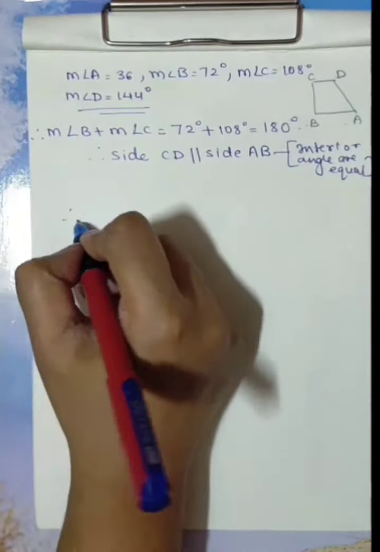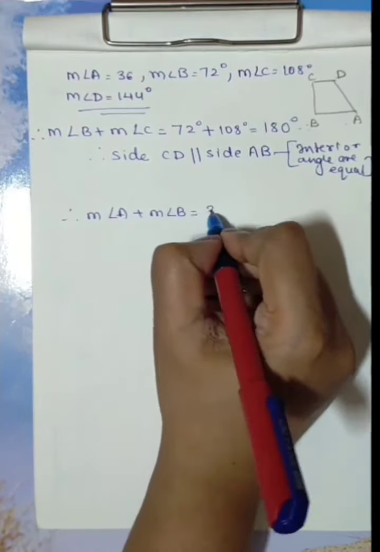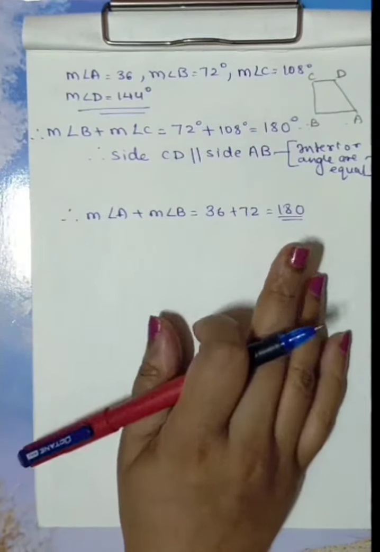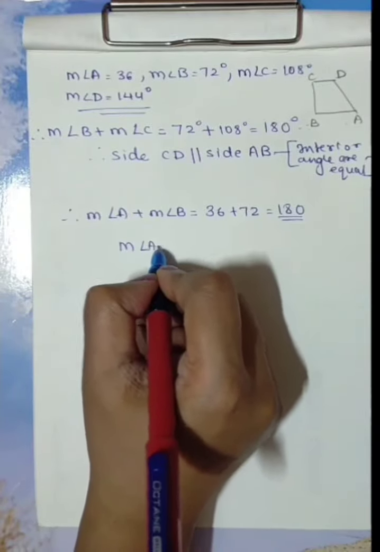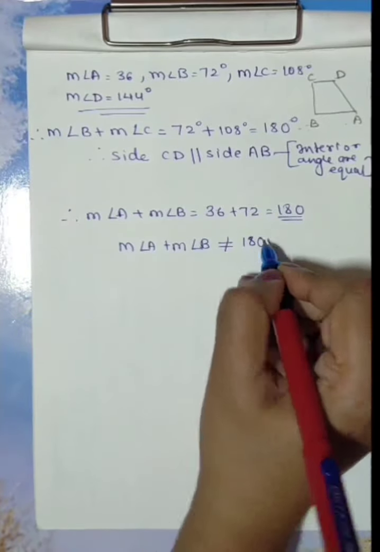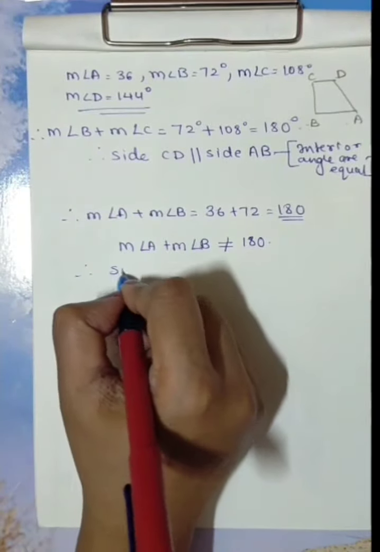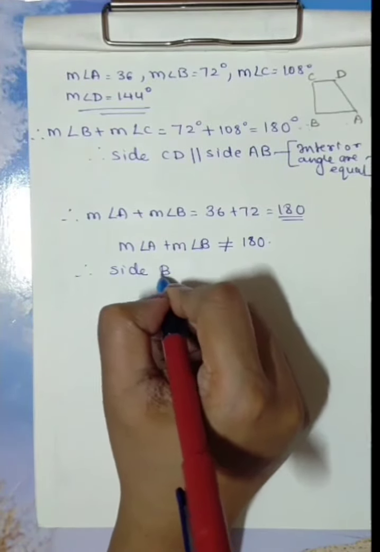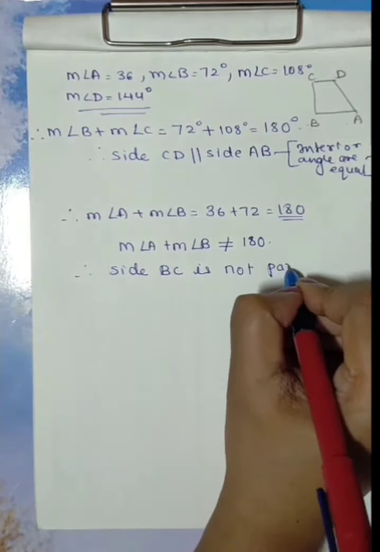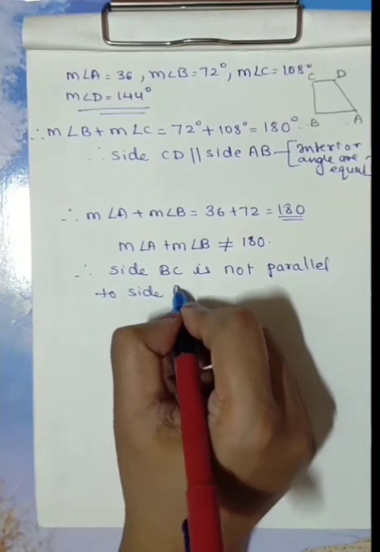Now next step is, therefore measure angle A plus measure angle B is equal to 36 plus 72, that is not equal to 180. Okay, so therefore side BC is not parallel to side AD.